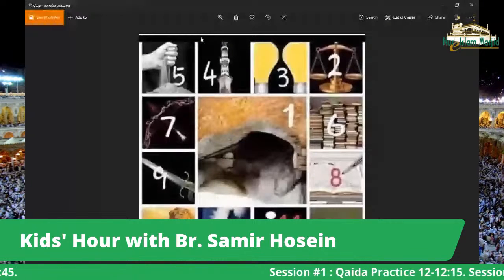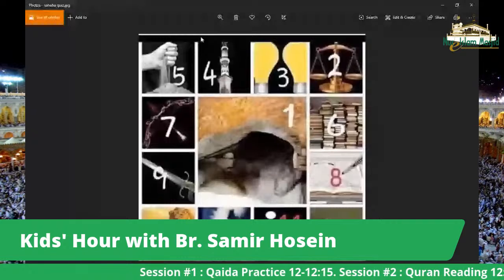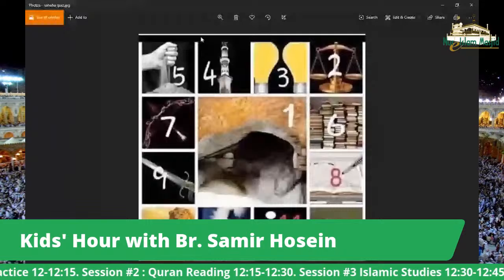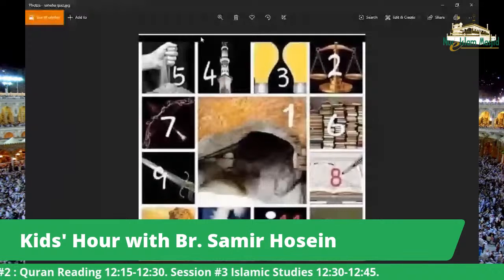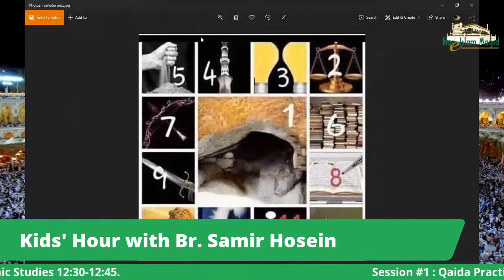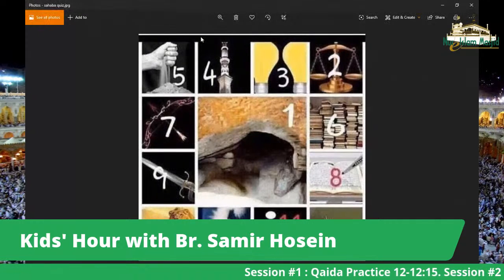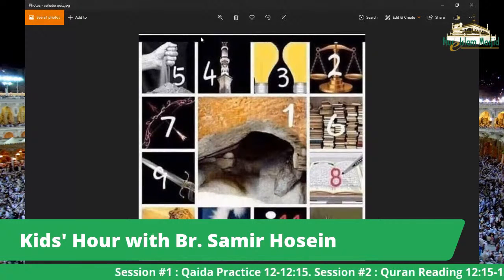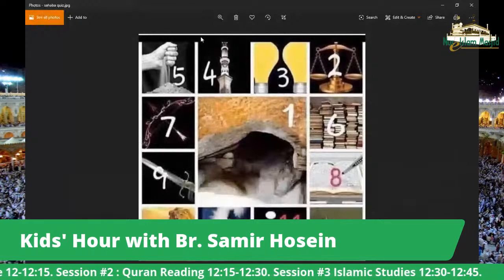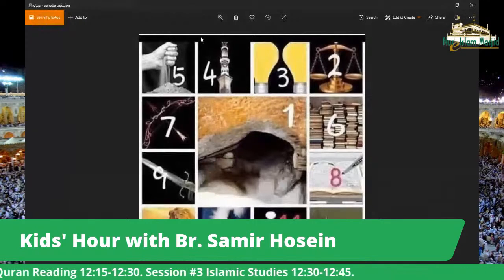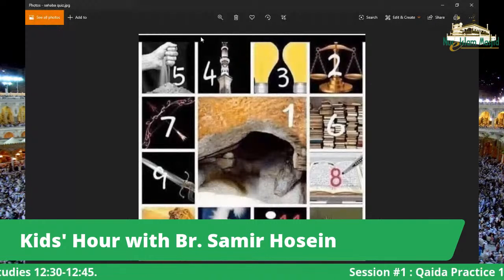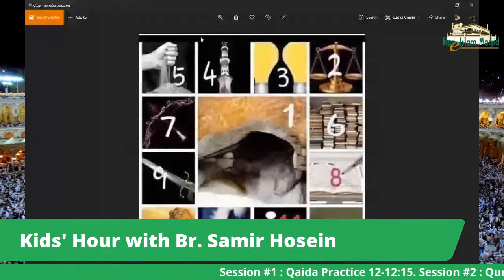The second picture we had looked towards Umar radiallahu ta'ala anhu. Then the third picture, which we talked about yesterday, was Uthman radiallahu ta'ala anhu, who we said was the possessor of the two lights. He was the one who had been married to two of the daughters of the Prophet.